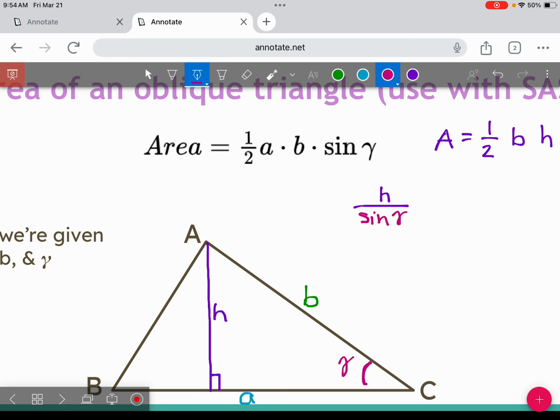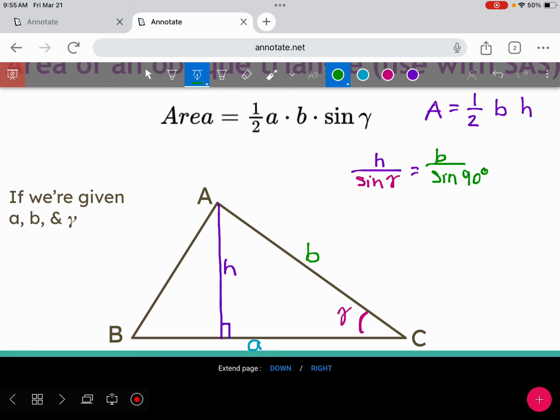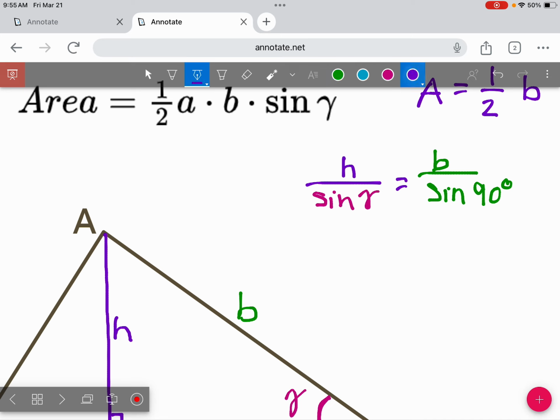So if we know gamma, is the same thing as that side B over our right angle here, right? Sine of 90. What is sine of 90 degrees? 1. So h over sine of gamma equals b times 1, or b divided by 1.